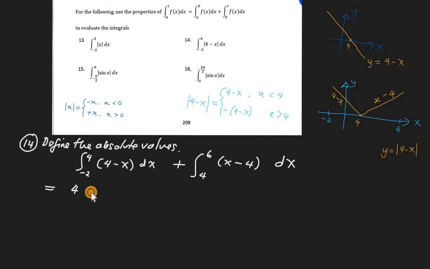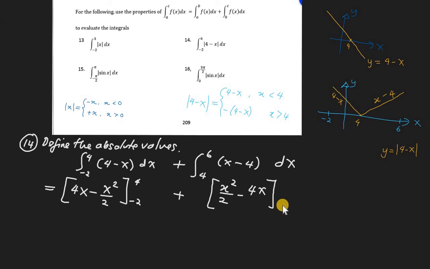Help me. For 4x minus x squared, with the boundary of negative 2 to 4, plus for this one x squared on 2 minus 4x, for the boundary of 4 to 6. That is the correct integral. And then we replace x with the upper boundary minus the lower boundary.